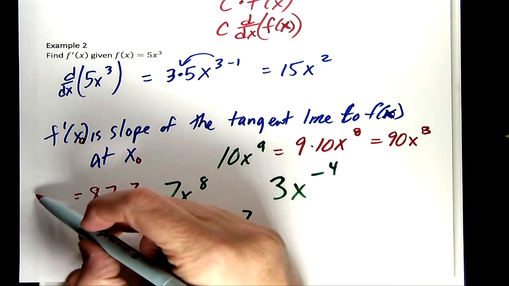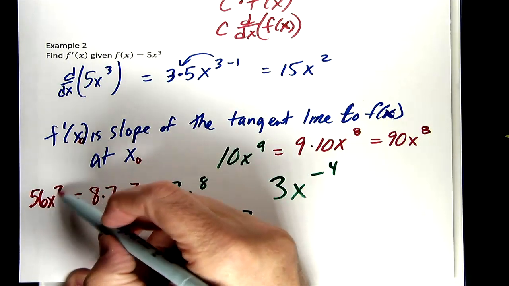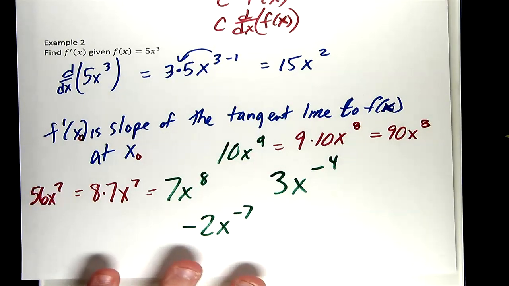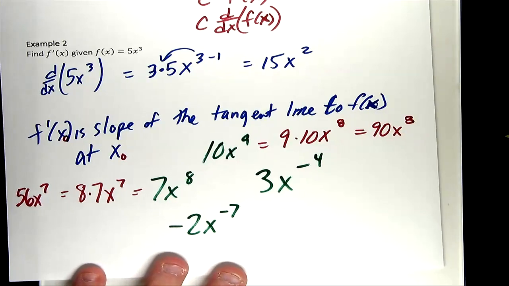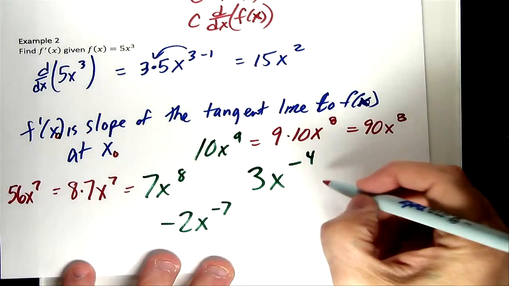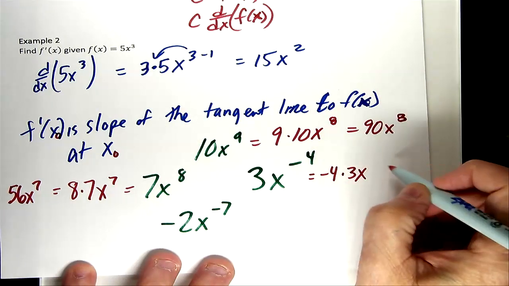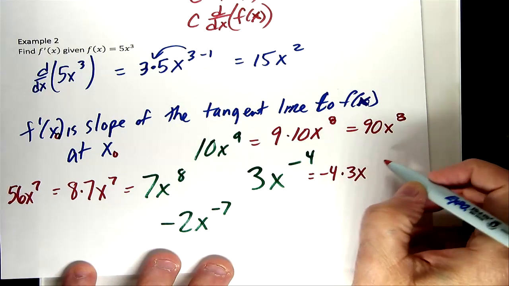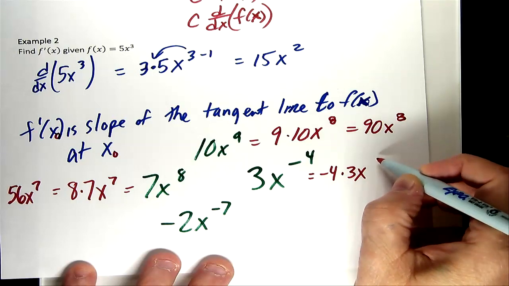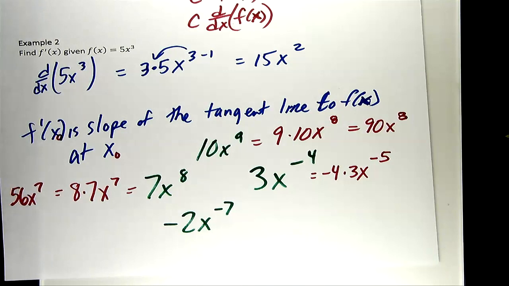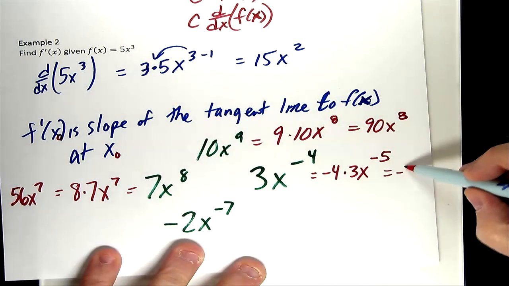So this would be 56x to the 7. Here we bring the -4 down. You might be inclined to say one lower than -4 is -3, but that's not the case. -5 is the lower number. So this would be -12x to the -5.